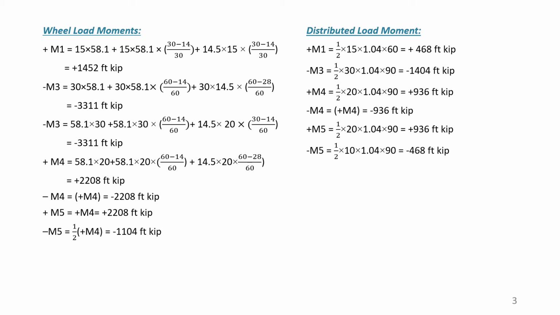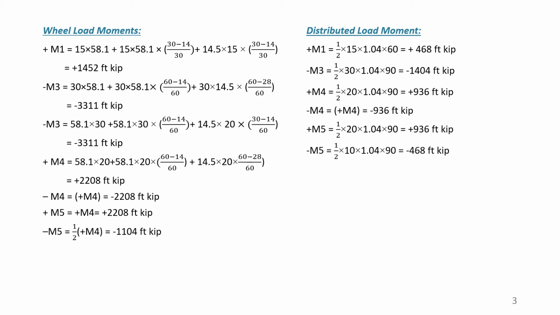If we put this value on this triangular influence line, then the distributed load moment for M1 comes as half into 15, the maximum ordinate, and 1.04 is the load per running foot, and the length is 60. The value is 468.